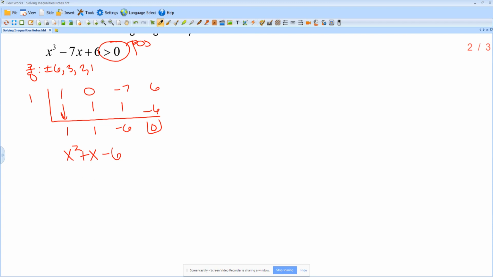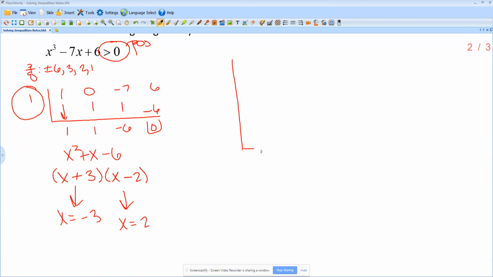Now, when I look at x squared plus x minus 6, that is factorable. x plus 3, x minus 2. And then keep in mind, I have this critical number, 2, this critical number, negative 3, and this critical number as well.